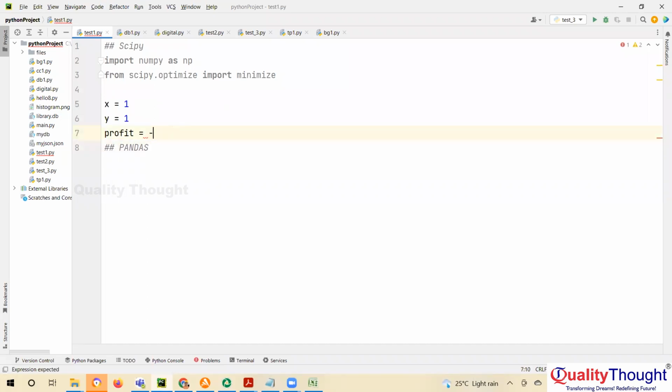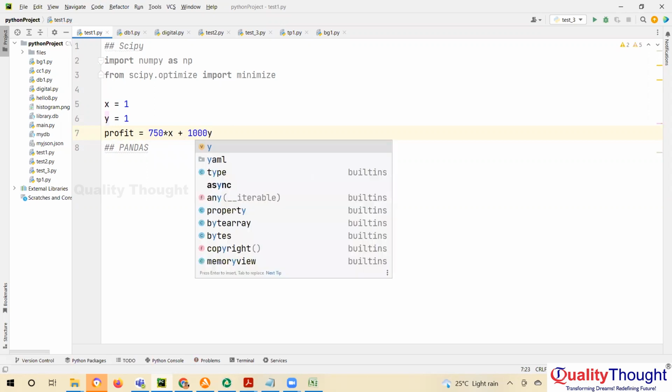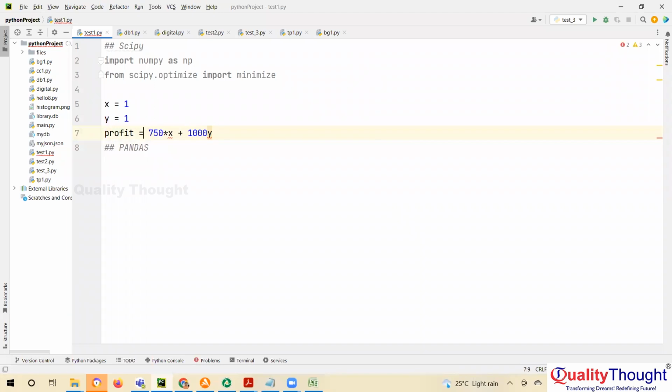But this is to maximize. To minimize, I'm going to say minus 750 into X minus 1000 into Y. So converting the maximize to a minimize problem is done. This is the only change you have to make.